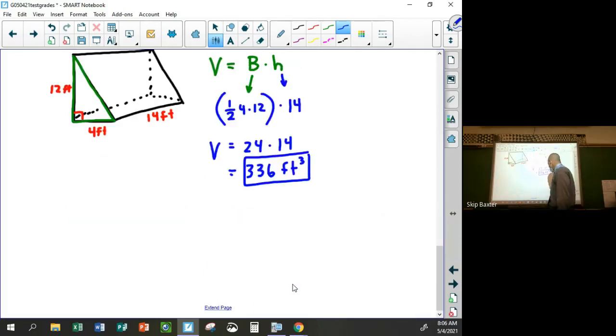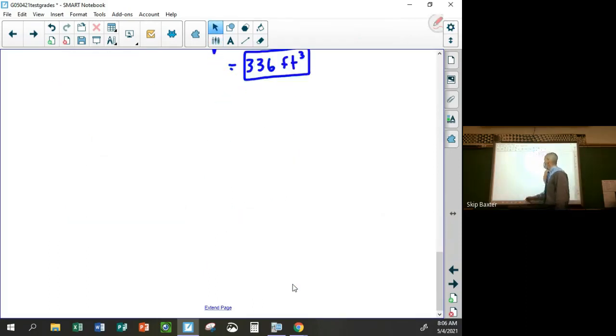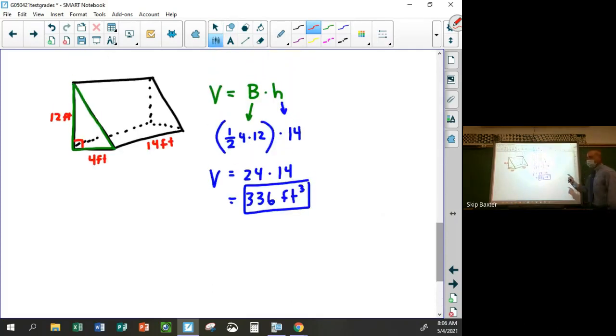If you had a different shaped prism, who can predict the next example that I'm going to do? Don't be afraid. Something that ends with gon? No? You do a hexagon? Yeah, exactly. I'm going to do a hexagon, right? Because I've done a hexagon for every single thing we've done. Why do I choose hexagons all the time?